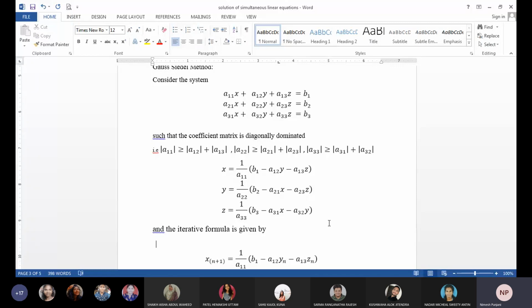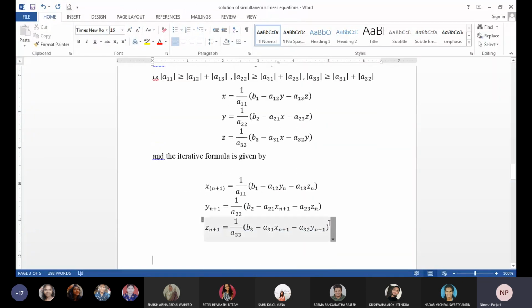If the coefficient matrix is not diagonally dominated, then you can interchange the equations or interchange the rows of your coefficient matrix or augmented matrix, and you can make the matrix diagonally dominated. Okay? If the system is not diagonally dominated, you can rearrange the equations in such a way that the system becomes a diagonally dominated system. Then you can apply the formula of Gauss-Seidel.